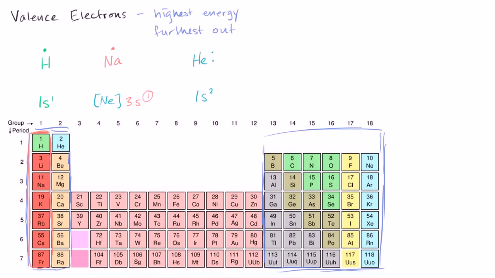Now let's jump to one of the most interesting and versatile elements in the periodic table, the one that really forms the basis of life as we know it, and that's carbon. So I encourage you to pause this video, and based on what we've just talked about, think about how many valence electrons carbon has and what its Lewis dot structure could look like.